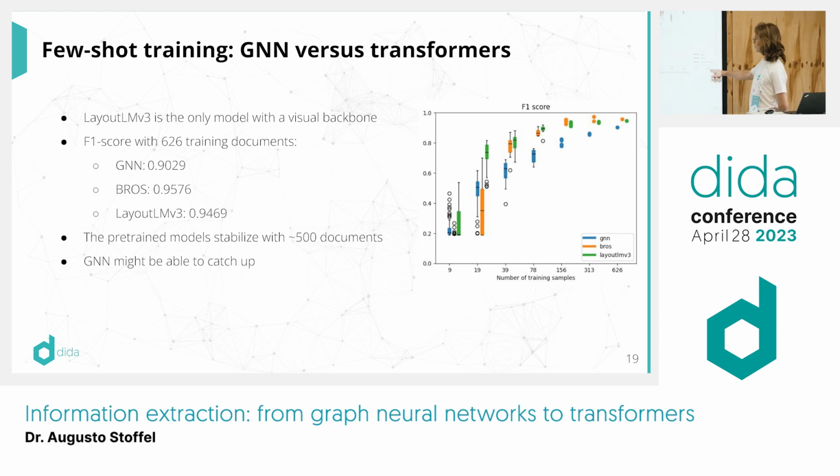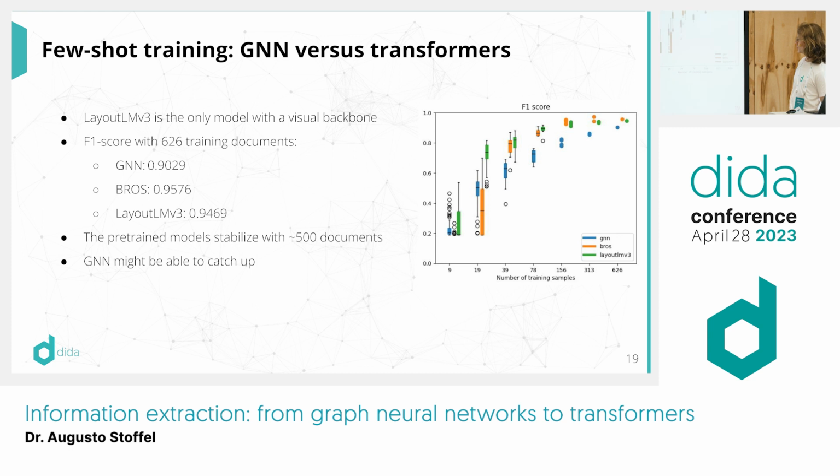The first thing I do is I just train these models on all the data. So it's this column. I get this F1 score. Maybe it doesn't matter too much what the score is, it's just a comparison. Then I train these models again with half of the data, then a quarter of the data, and so on. And this is what I get.